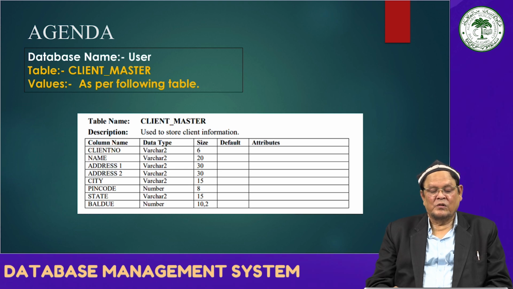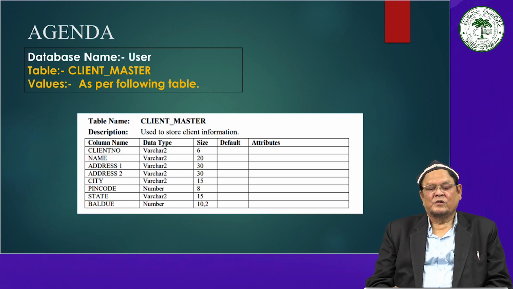The PIN code size is 8. The state data type is varchar and the size is 15, and balance due is a number which size is 10, 2.